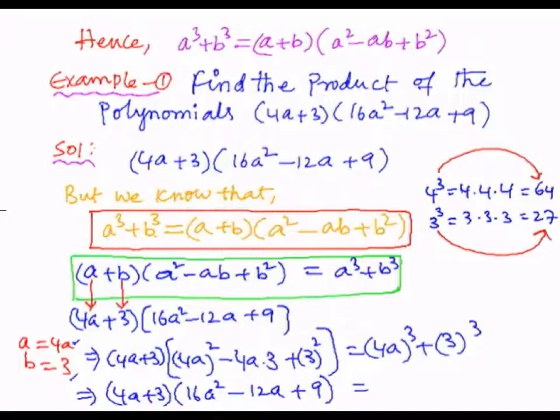So 4 cube is 64, and a multiplied thrice can be written as a cube, plus 3 cube, which is nothing but 27. In this manner, 4a plus 3 into 16a square minus 12a plus 9 is equal to 64a cube plus 27.